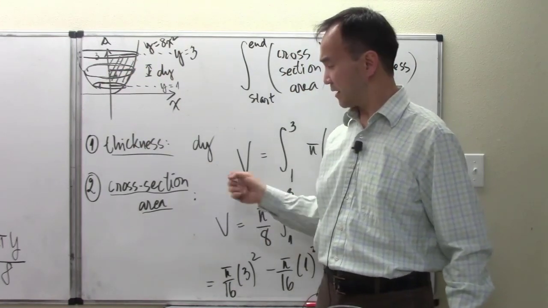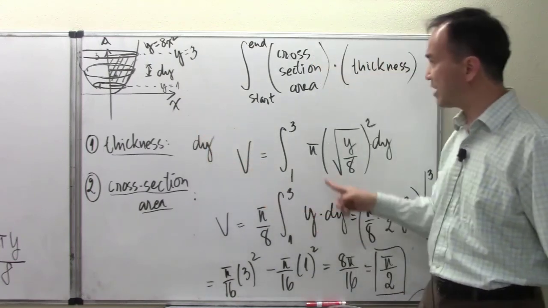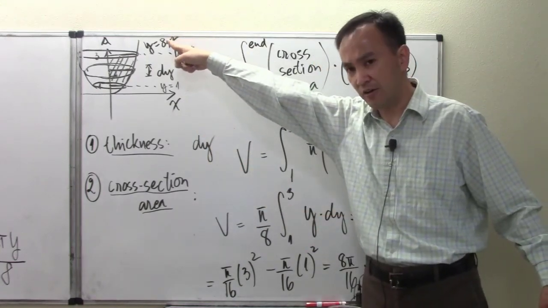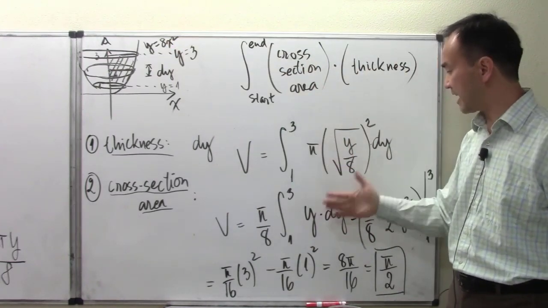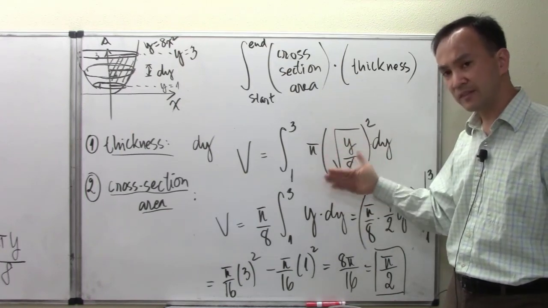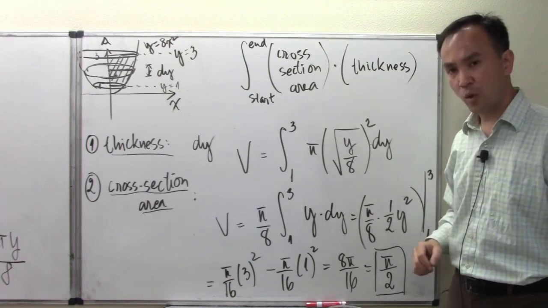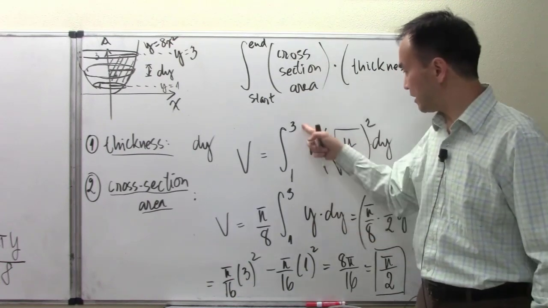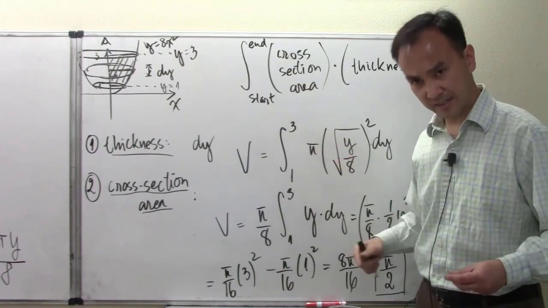The thickness of each disk has to be a dy, and that's the reason why we had to rewrite our curve as a function of y. Once we had that, in the end it's an integral completely in terms of the y variable, the variable that's consistent with the y-axis, and these are all the values that are relative to the y-axis.